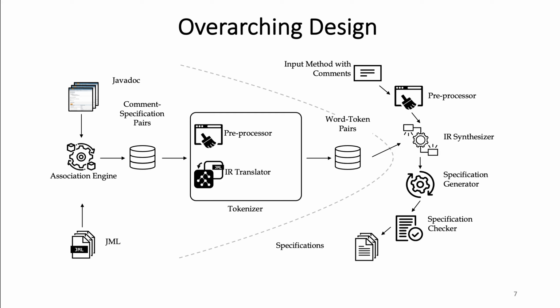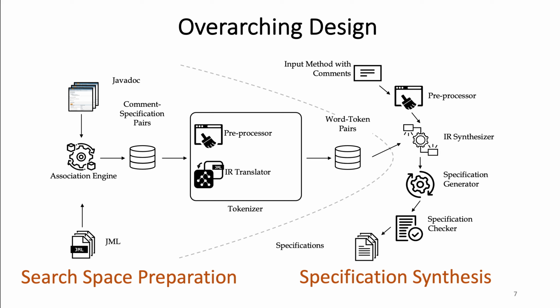Here is our design. It consists of two phases. The left one is the search space preparation phase, and the right one is the specification synthesis phase. The inputs of the left phase are natural language comments collected from Java documentation and corresponding JML specifications from the JML website.